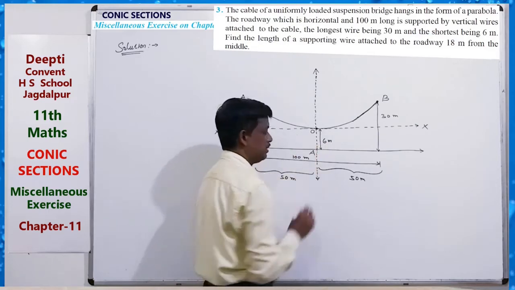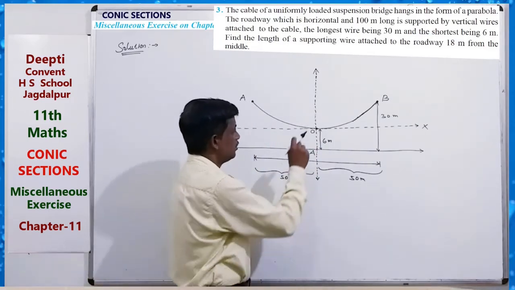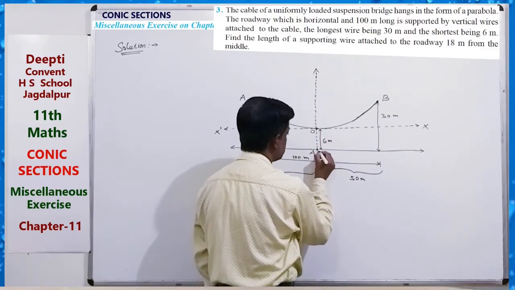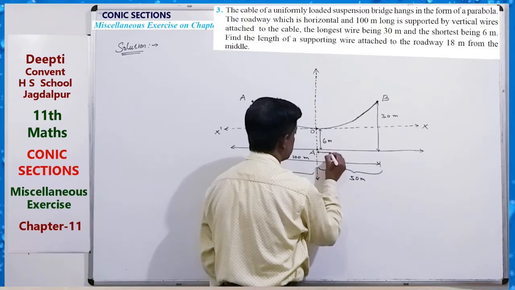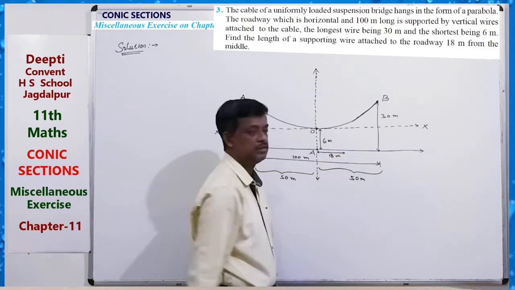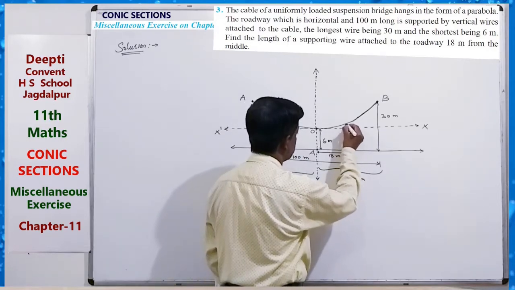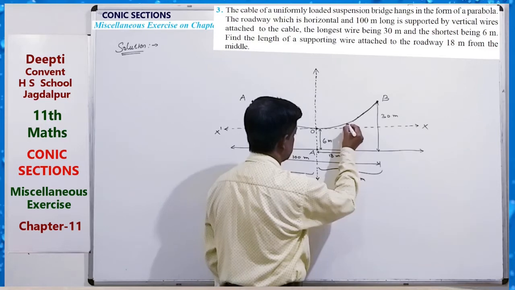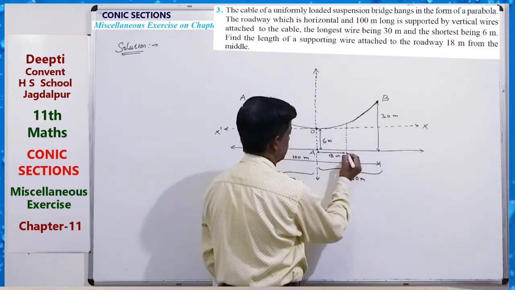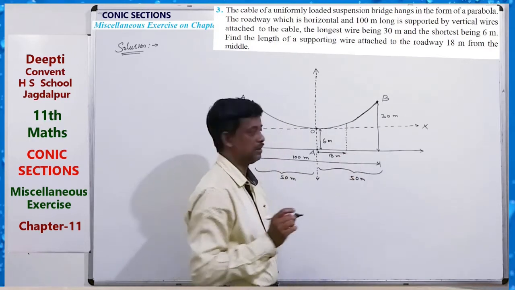Now, from the middle, suppose this is 18 meter. So our distance will be this, 18 meter.